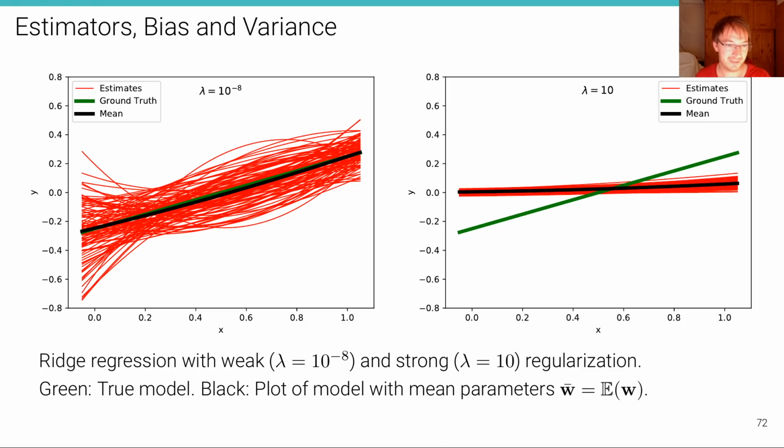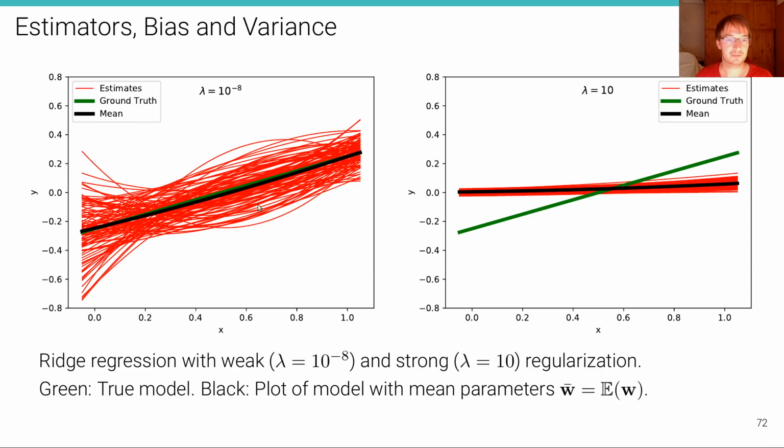Let's look at a concrete example. This is again the example from before, where in this case, we're fitting a polynomial to only 3 data points. And we are fitting it 100 times to 100 data sets composed of 3 points that we each time draw differently from the underlying data distribution.